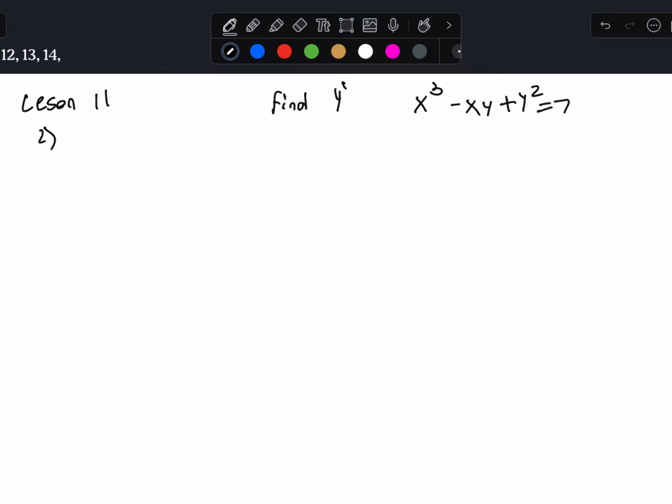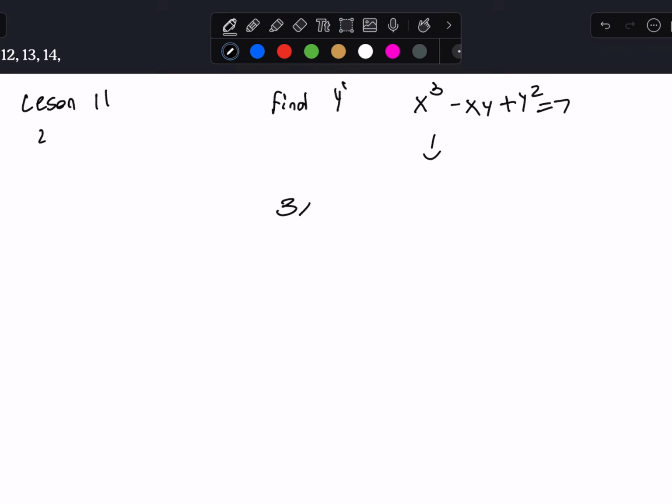y prime using differentiation for the equation x cubed minus xy plus y squared. So, first, we're going to find the derivatives of the original equation.